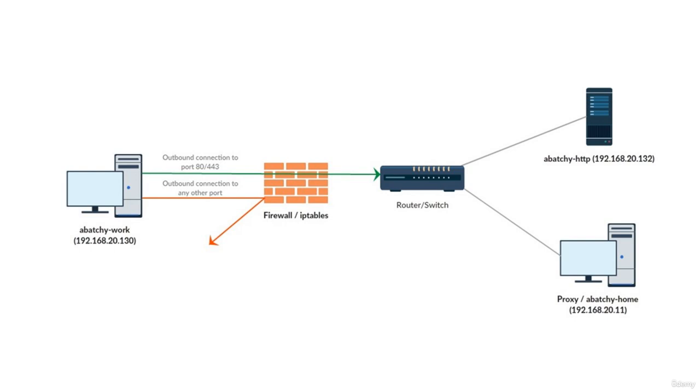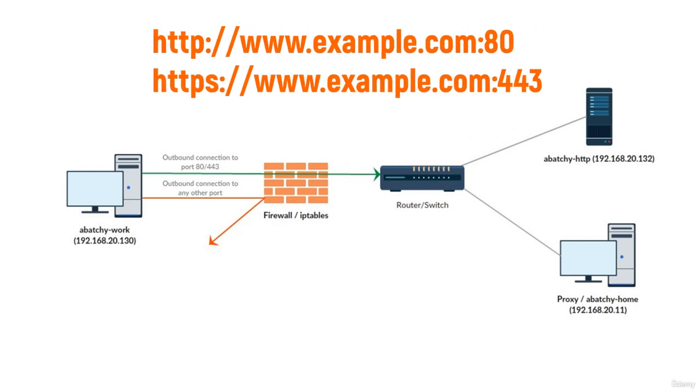So if you visit http://www.example.com, this is going to send your request to port 80 by default, right? So you could specify the port number if you'd like, http://www.example.com:80, as well as for the HTTPS on port 443 for TLS, all right?